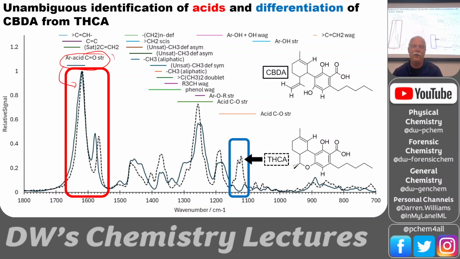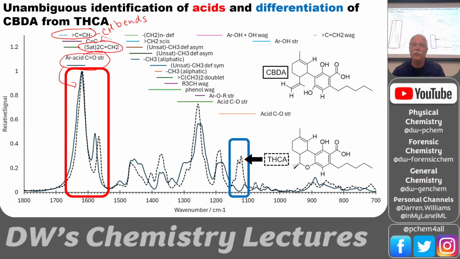But here's from that group characteristic group frequencies book, we have the CH wags. So these right here, this is a wag. A wag or rock or bend, I would say, bending modes. CH bends, how about that?